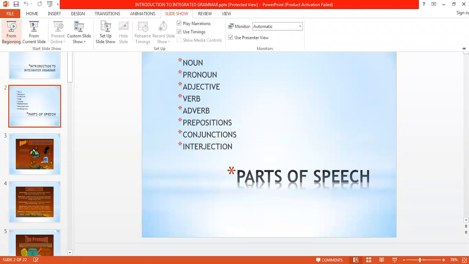Now distributive adjectives. Like in the pronouns we have learned about the indefinite pronouns, like anyone, any, each, other. In the same way, these are the words which are also used as distributive adjectives. The difference is the same. When we replace any noun with these indefinite words, these are indefinite pronouns.